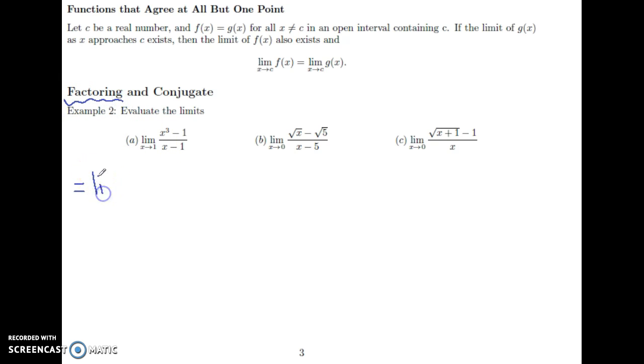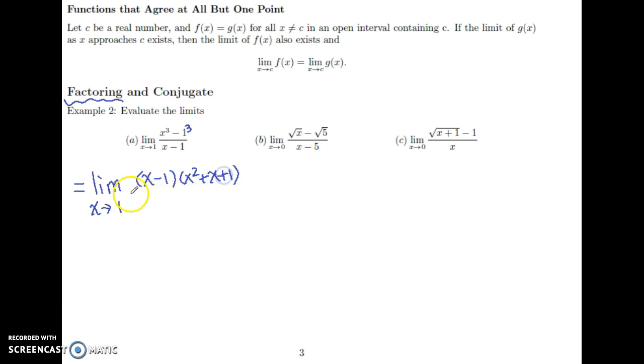Because we're transforming, we still need to write a limit sign because we haven't evaluated yet. We want to factor x cubed minus 1, because x cubed minus 1 is the same as x cubed minus 1 cubed. So we want to use the difference of cubes formula. It will factor as x minus 1 times x squared plus x plus 1.